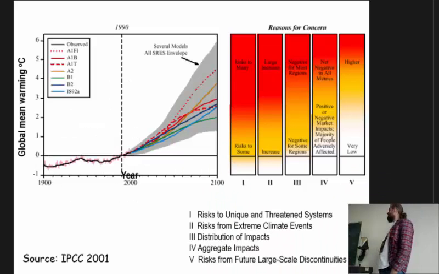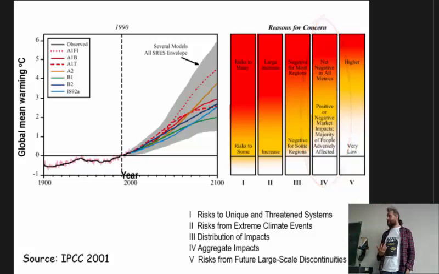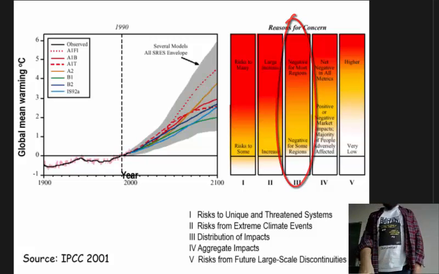So I did show you this slide, scenarios on the left, reasons for concern on the right, and I'm going to focus first on the bar that is further to the right, that is what is the impact of climate change on the welfare of the median person on the planet. And then I'm going to talk later about the distribution of those impacts.